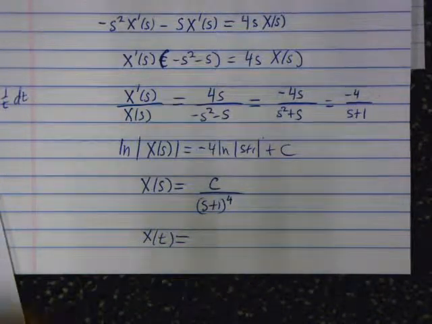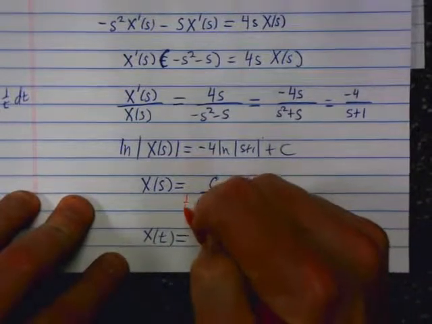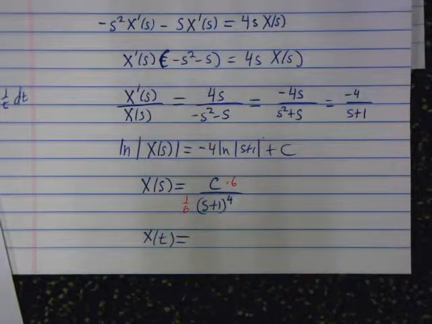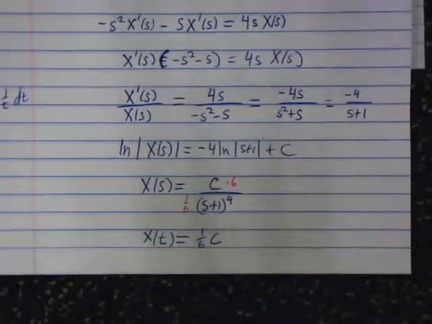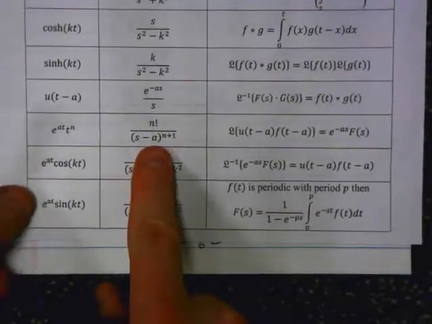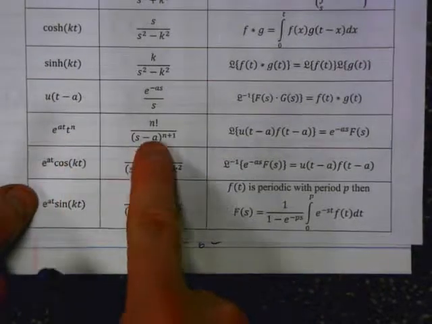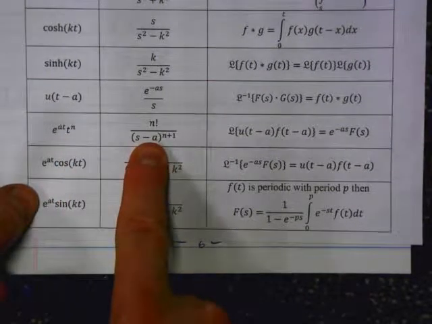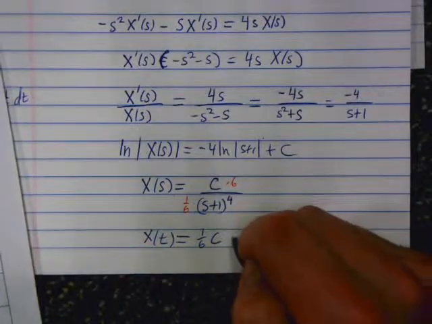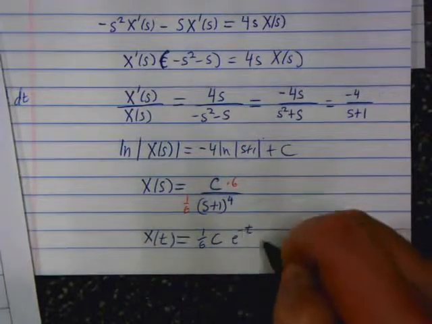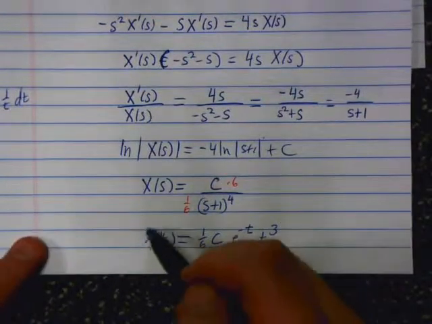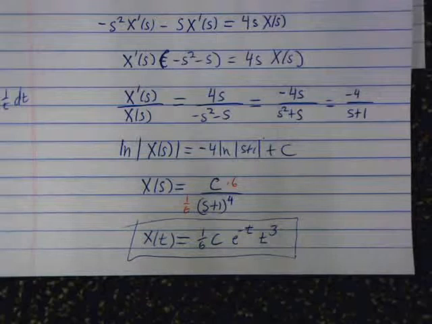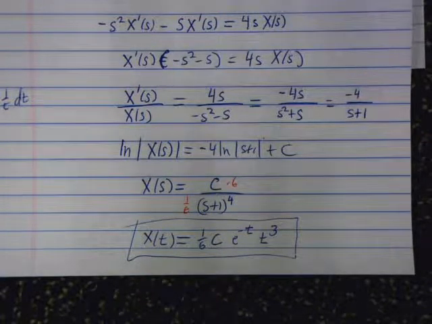So I need a 6 on top, which means I need a 1/6 there. So that's going to be 1/6 times c, and this is going to be e to the at. A is, in this case, negative 1, so that's going to be e to the negative t times t cubed. There's the answer. Questions?